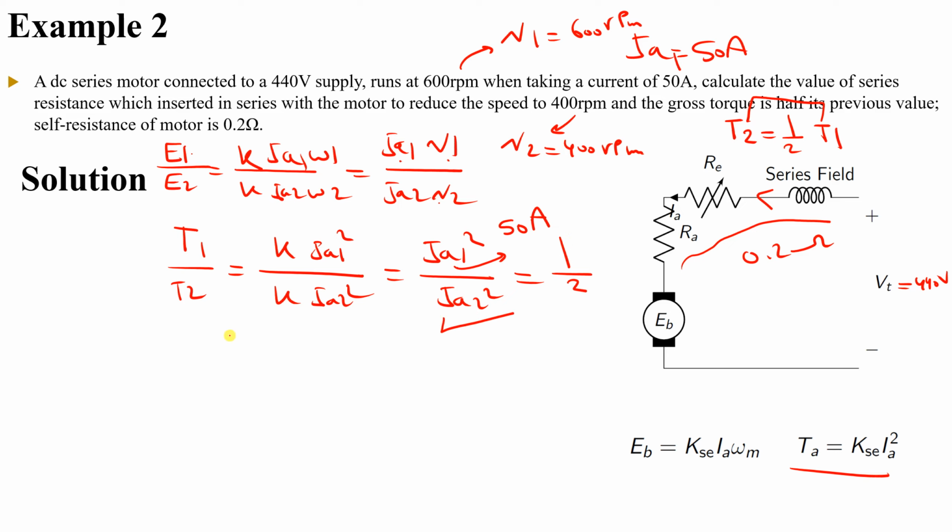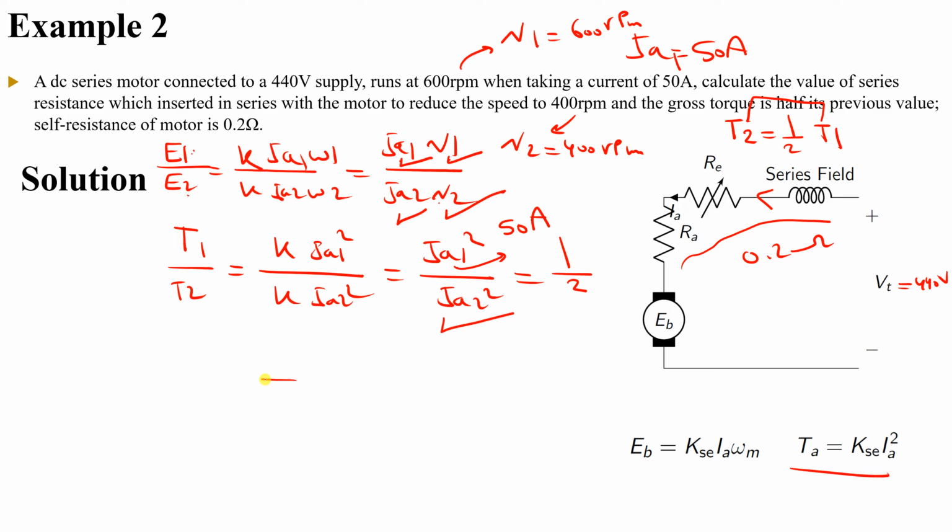Okay, that is the first step. So we have I armature 1, we have I armature 2, we have N1 equal to 600, we have N2 equal to 400 RPM. Now I need E1 and E2.